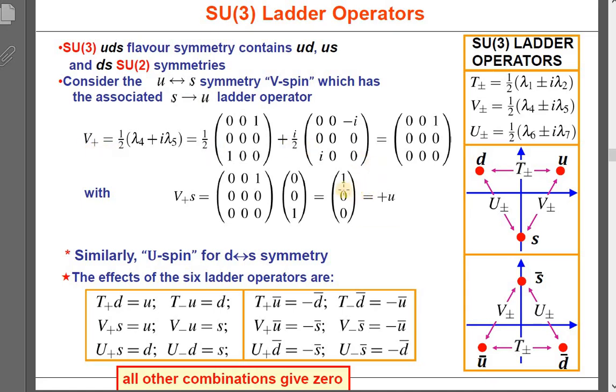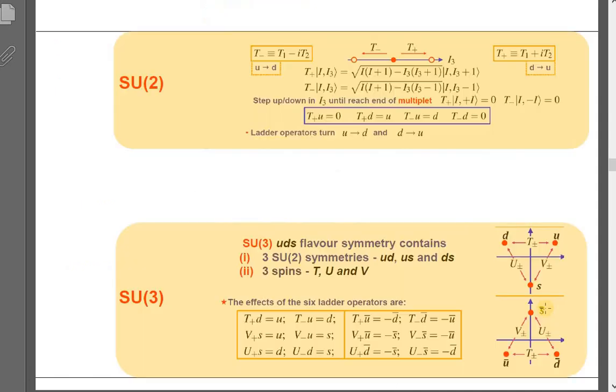Similarly, we have the U spin for DS symmetry, and I have already talked about the T spin for UD symmetry before. The effect of the 6 ladder operators is shown here. Note that all other combinations apart from the ones written here give 0, and this is the pictorial diagram.